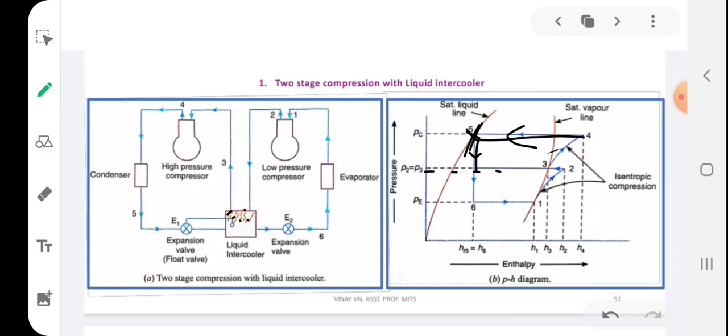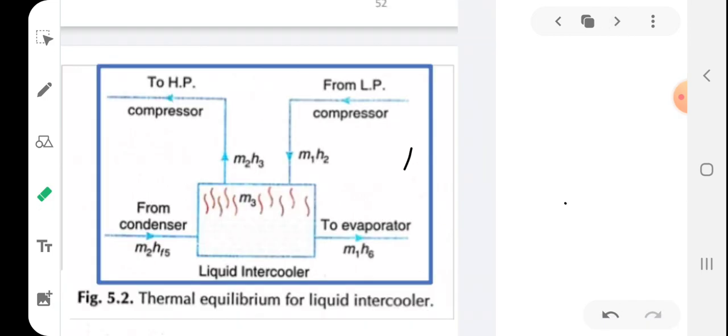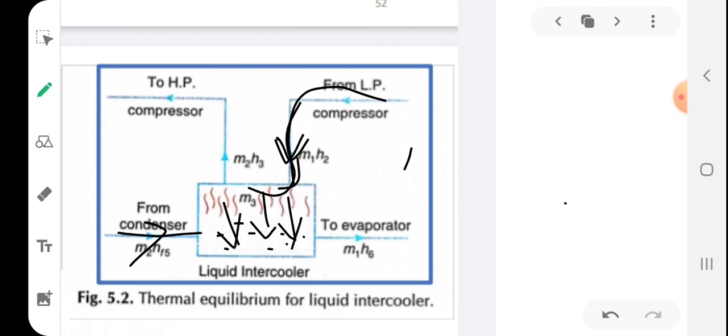Have you understood what is happening here? Here I will show you another view. From the low pressure compressor, superheated vapor is coming. From the expansion valve, low pressure, low temperature liquid is coming. This liquid will extract heat from the superheated vapor, so heat is added to the liquid and it gets evaporated.